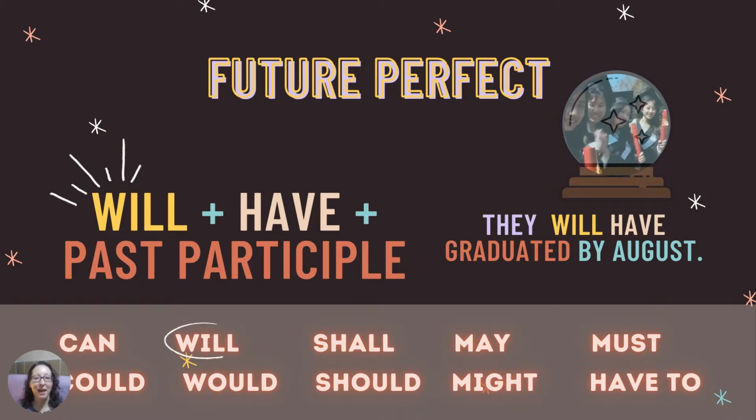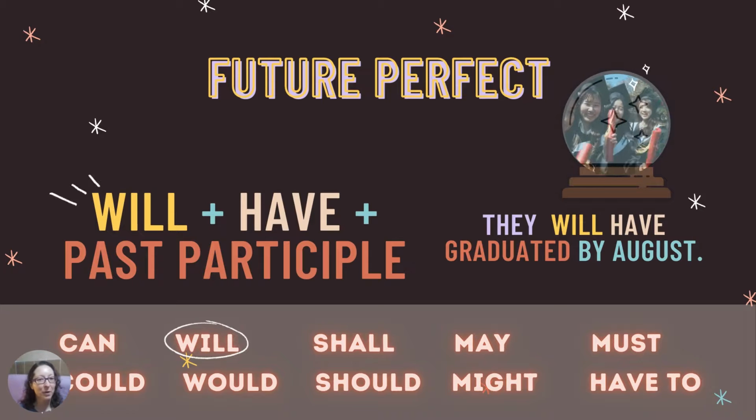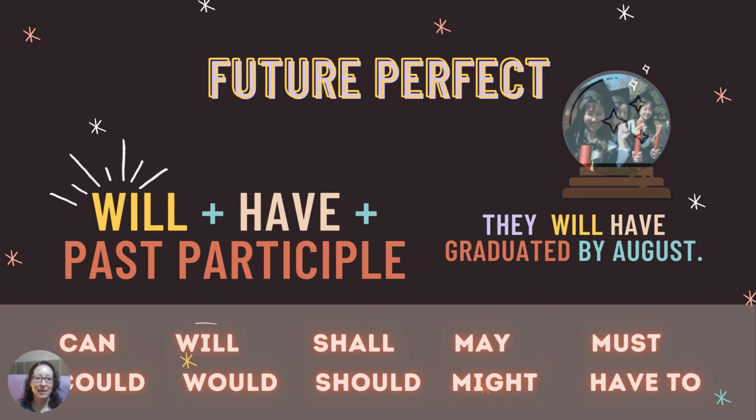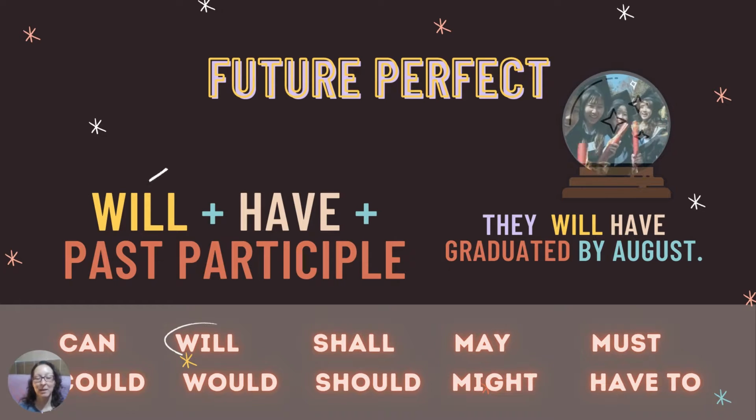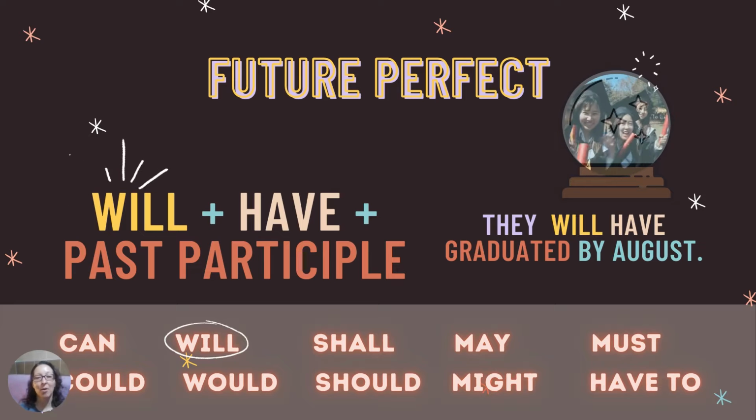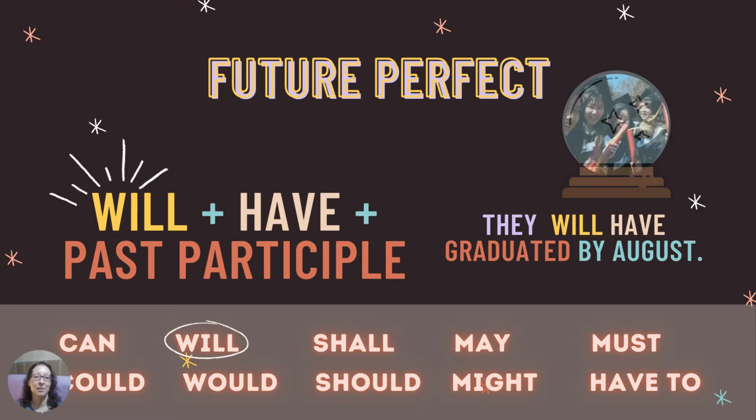And of course, if we add have and past participle to will, this is something we call the future perfect. You're going to learn about this on some higher levels. It means that by the time in future something will be done.